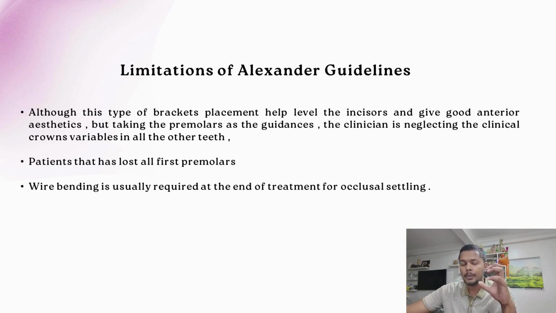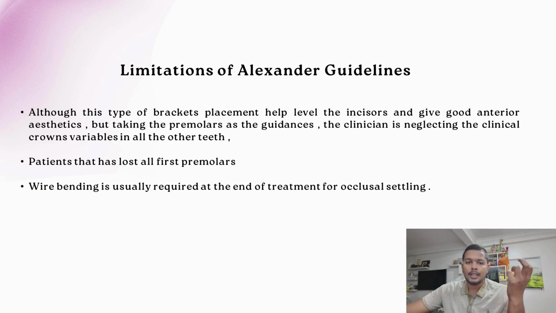So it's not a really dependable guideline, because we have to measure all the incisors and the social six, by which I mean all the anterior teeth. We need to take the anterior teeth into consideration as well.